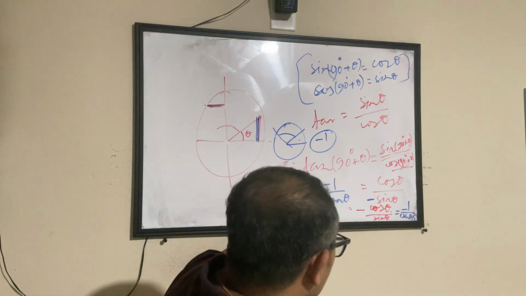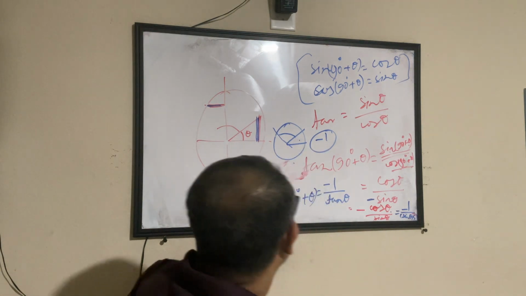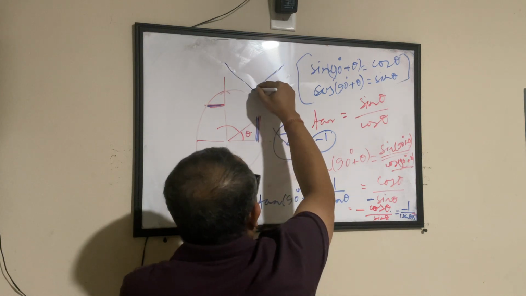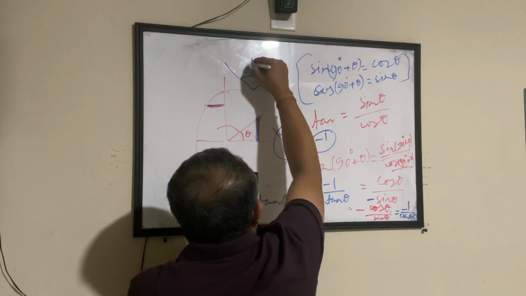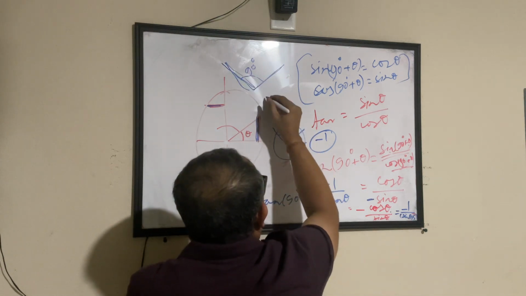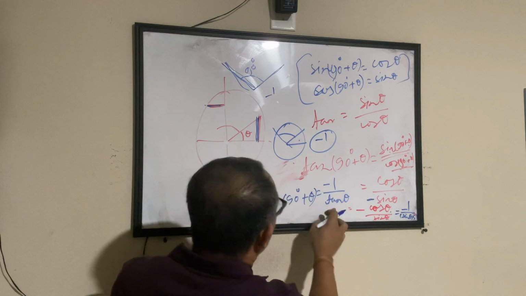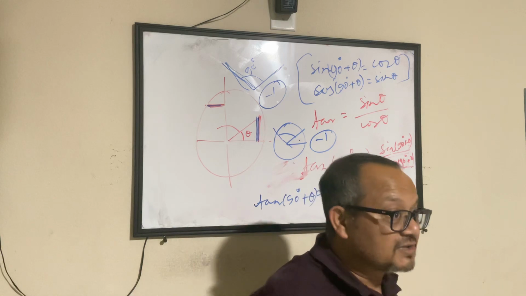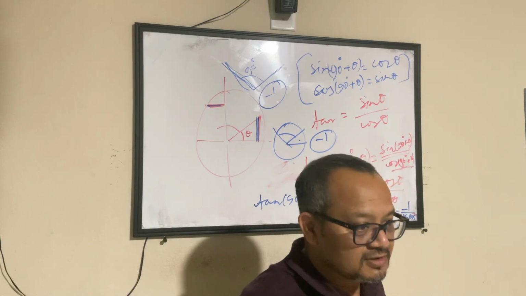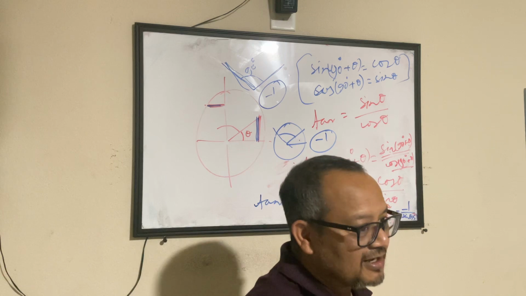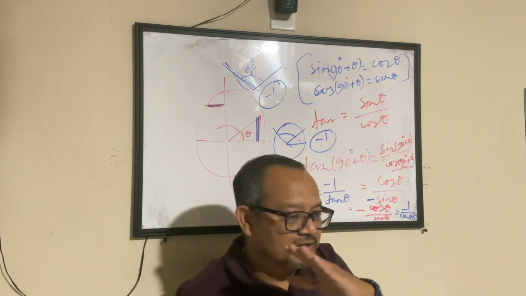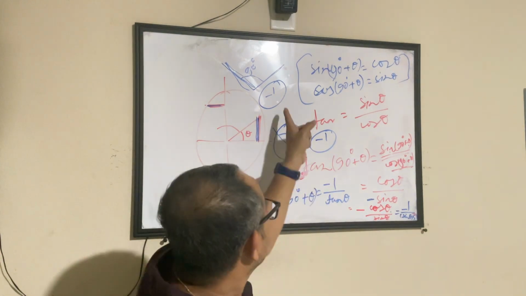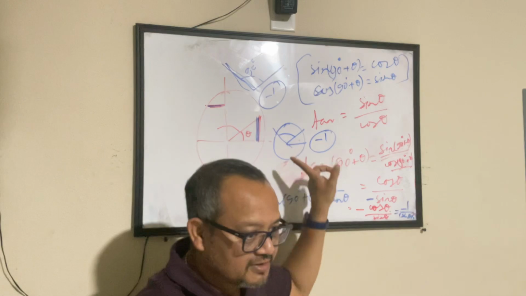Basically, when you have a line with some slope and you move that line by 90 degree, this slope multiplied by the new slope will give you minus 1. That is what you would have seen in algebra also, when you move the line by 90 degree, what happens to the corresponding slope of the new line. So this is again just proving the same thing.